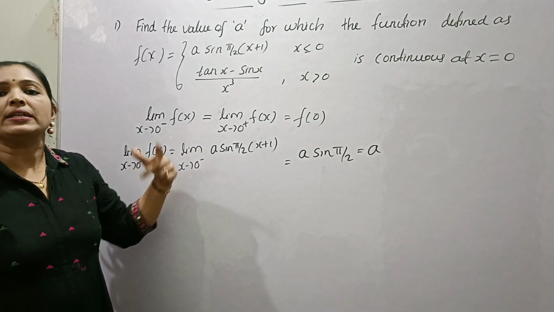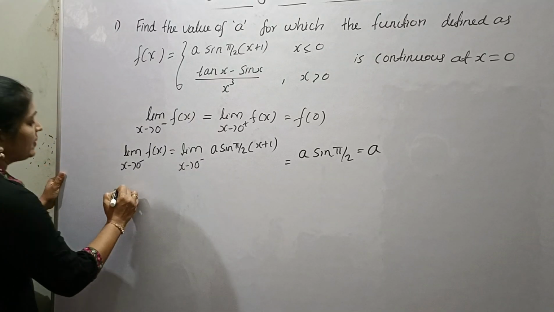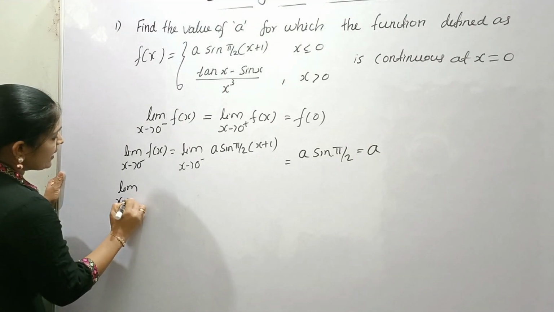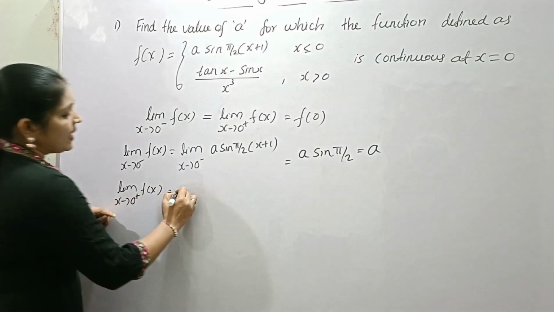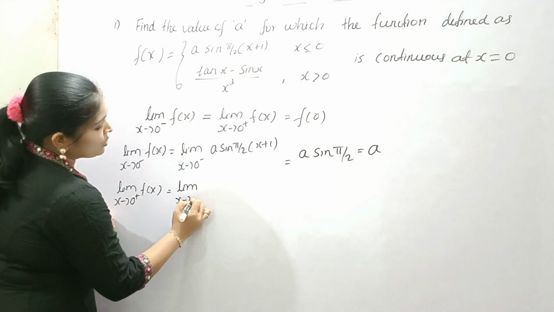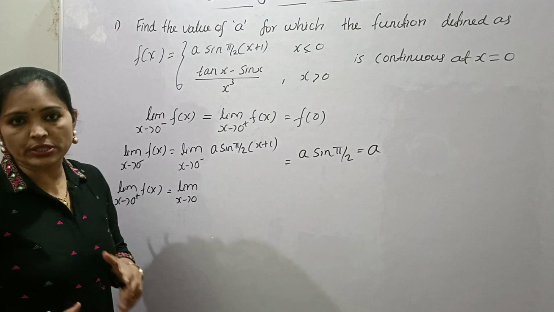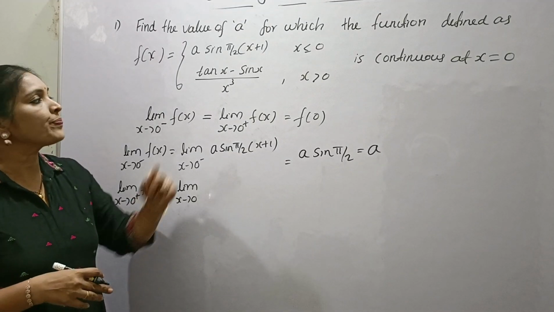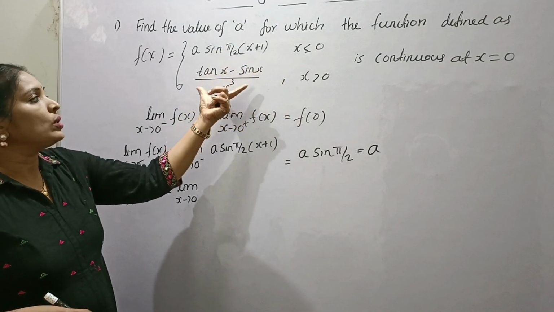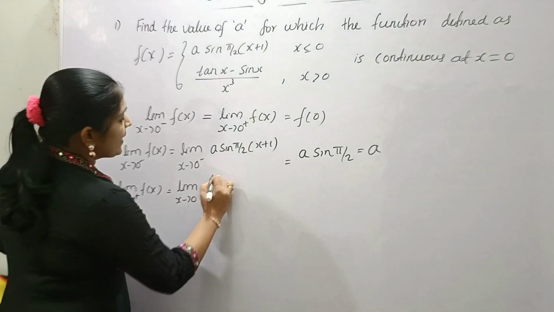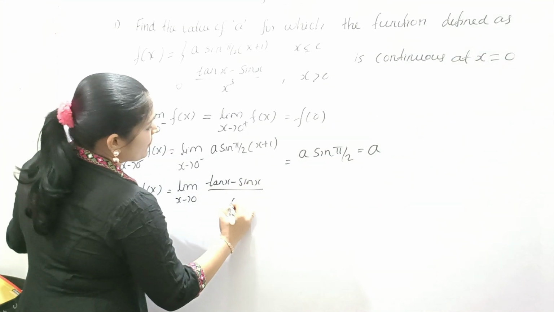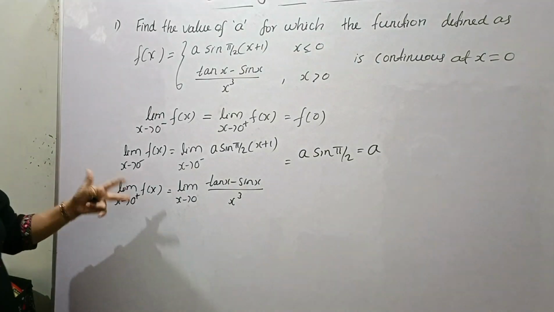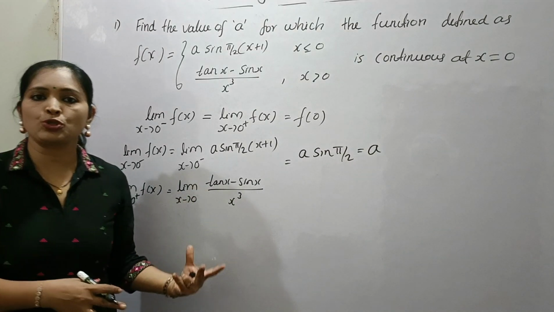Now next we will find the right hand limit, that is limit x tends to 0 plus f of x. Limit x tends to 0 plus means it is very close to 0 but greater than 0. So when x is greater than 0, the function is tan x minus sin x divided by x cube. First of all we will apply the substitution method.